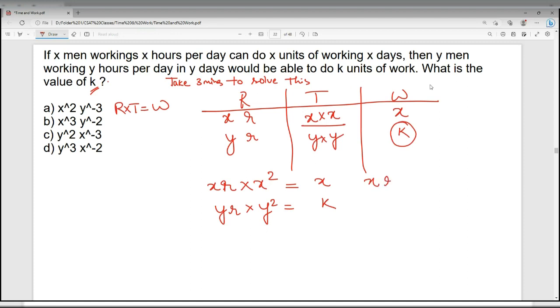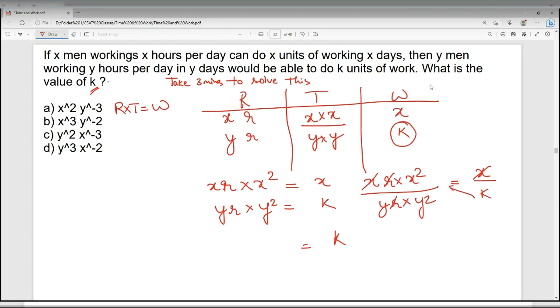X into R into X square divided by Y into R into Y square equal to X by K. So X and X get cancelled. R gets cancelled. And then we move this K here and this here.